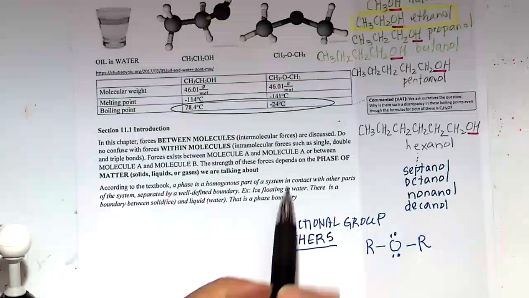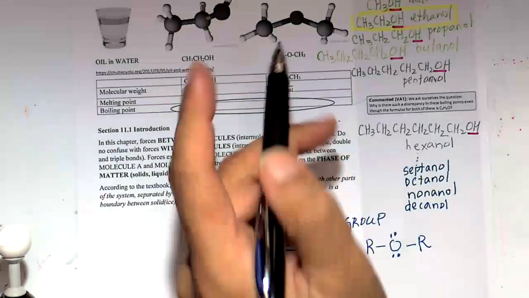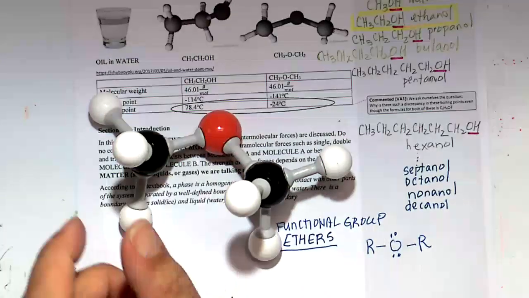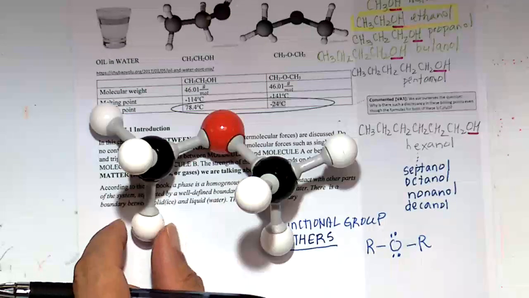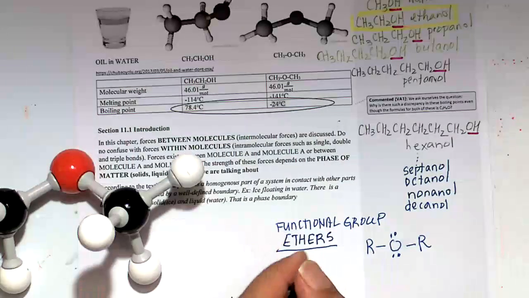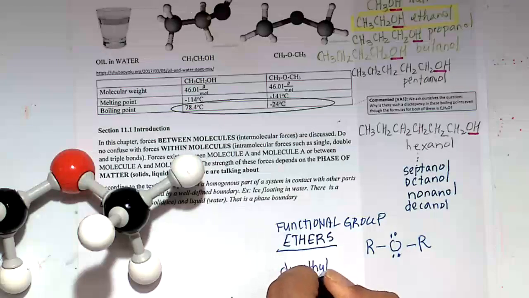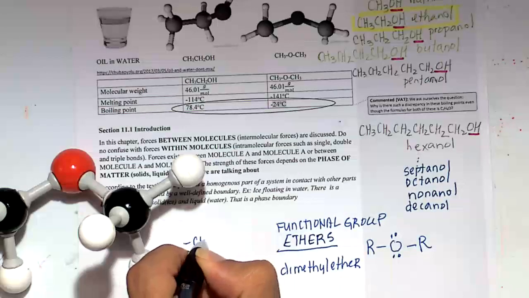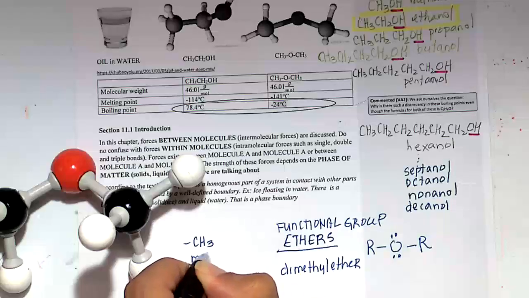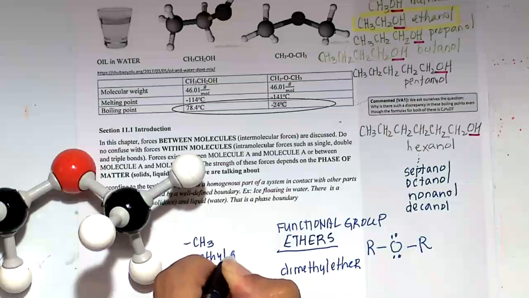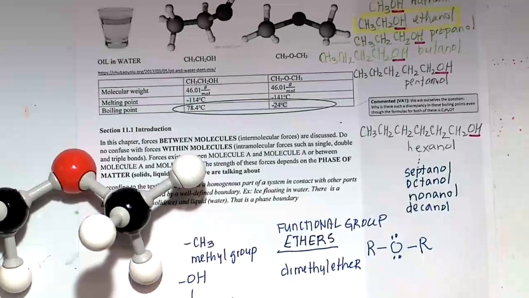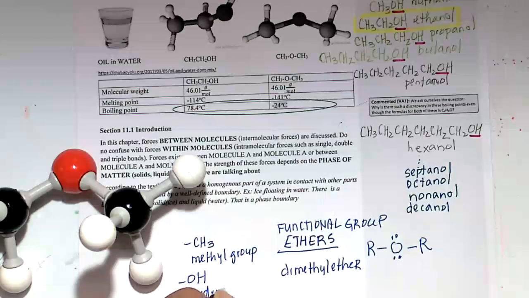This specific ether is called dimethyl ether. This CH3 is called the methyl group. This OH is called the hydroxyl group.